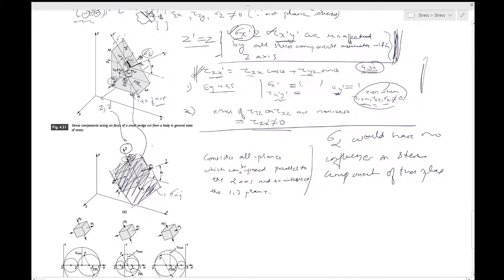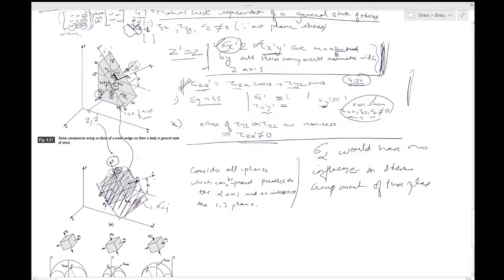So sigma x dash, if you go to 4.25, this plane is parallel to the 1 3 system. At best any stress on this one, because it's a planar situation, can depend on sigma 1, sigma 3, and sigma 1 3 if you were referring to the general state of stress.